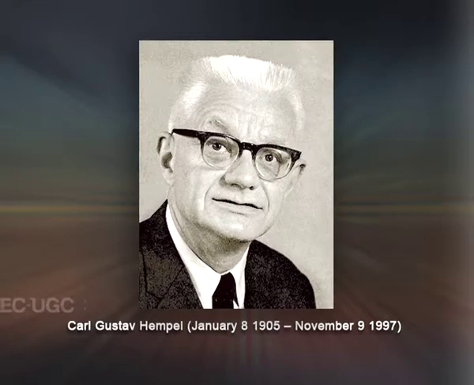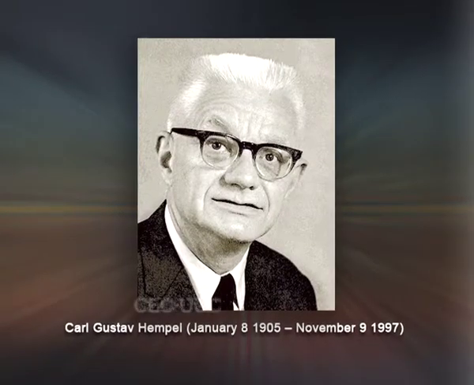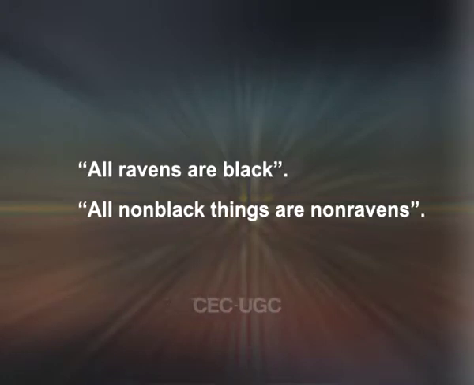Carl G. Hempel proposes a paradox regarding the confirmation of hypothesis. He argues that any evidence can provide confirmation of a hypothesis such as all ravens are black. An equivalent form of this statement is all non-black things are non-ravens.